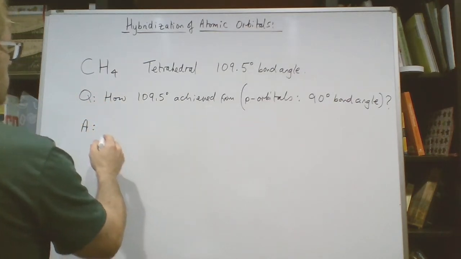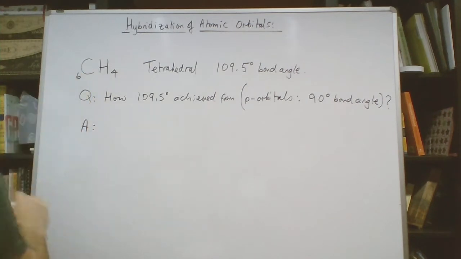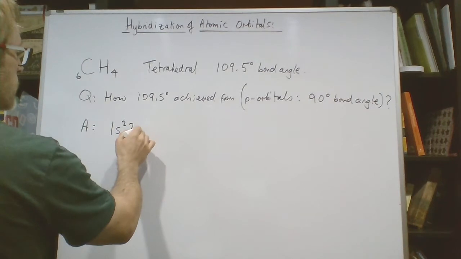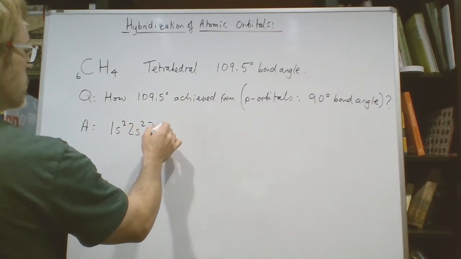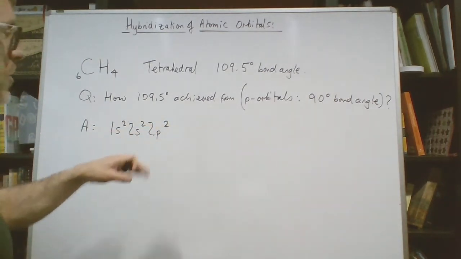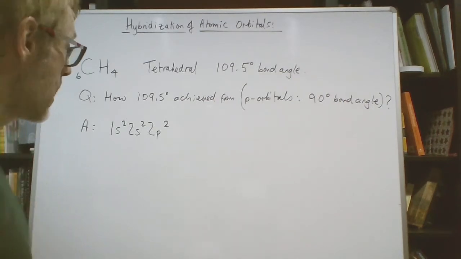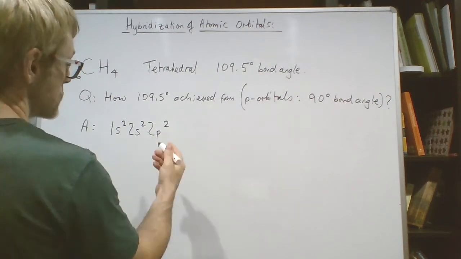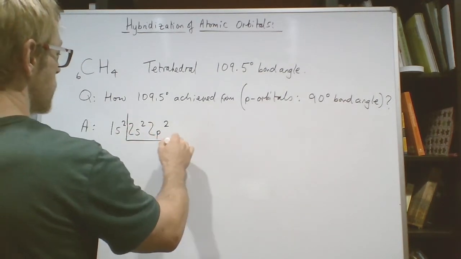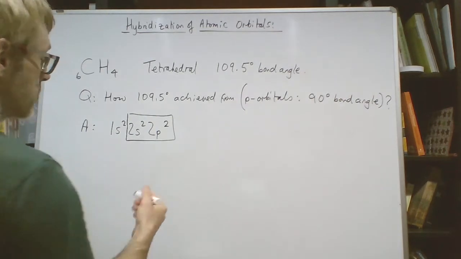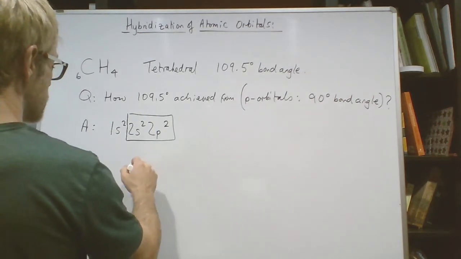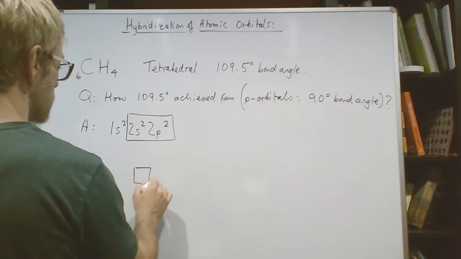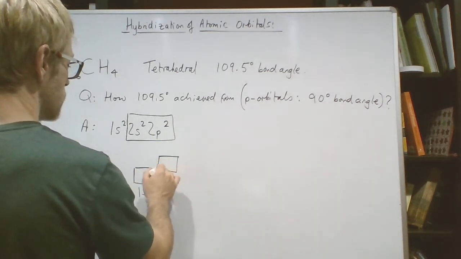So we look at carbon, and we know that carbon has 6 electrons. So we could say 1s2, 2s2, 2p2. That's the electron configuration of carbon. And we know that it has 4 valence electrons. If we just look at the valence electrons, we could write the orbitals: 1s, 2s, 2p.